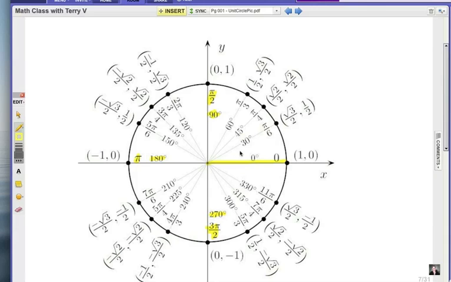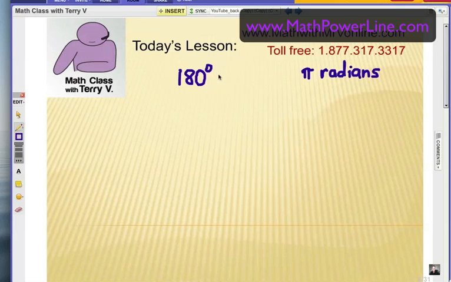Well, the only thing you basically have to remember is that 1 radian unit, which is pi, is equal to 180 degrees. This is the critical part to remember. Pi is the same as 180 degrees. So the key to converting degrees to radians and radians to degrees is to remember that 180 degrees is the same as pi radians.